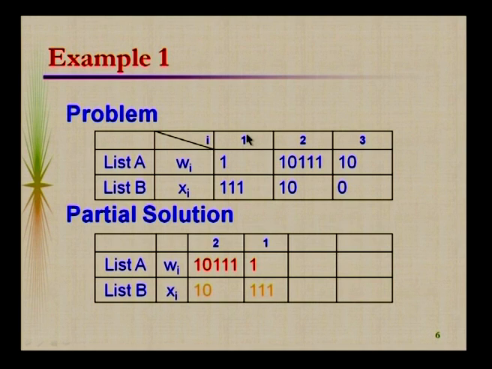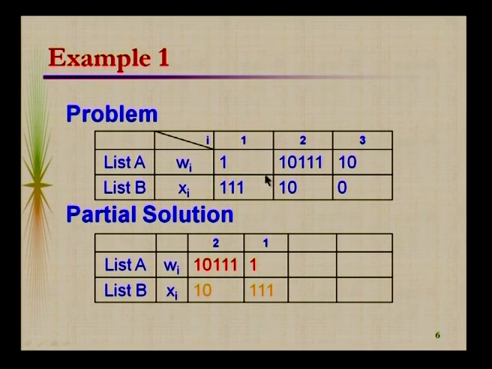So here we have an instance of a PCP. That is an example. The two lists, list A and list B, are given for you. In list A we have the strings wi, and in list B we have the strings xi. For the corresponding pair 1, in list A we have 1, and in list B we have three consecutive ones.